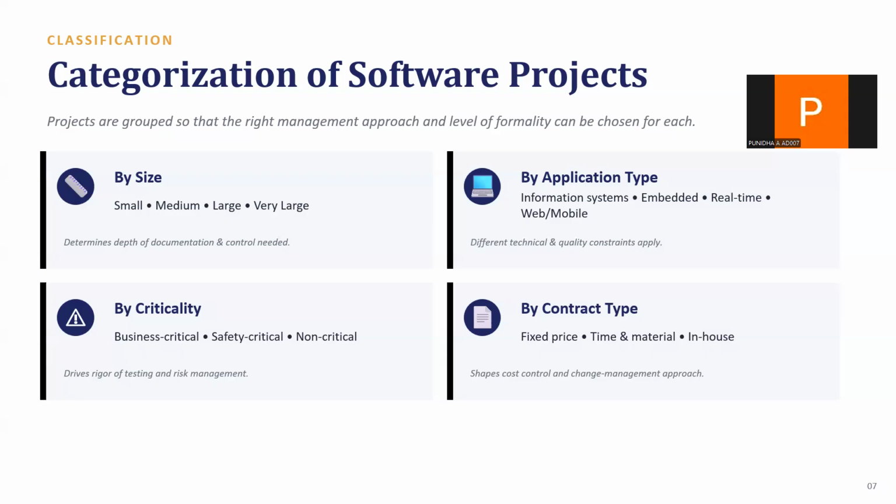By criticality, business critical, safety critical, or non critical, which drives how rigorous your testing and risk management needs to be. And by contract type, fixed price, time and material, or in house, which shapes your cost control and change management approach. So, before you even start planning, you need to know what kind of project this is. That answer shapes almost every decision that follows.